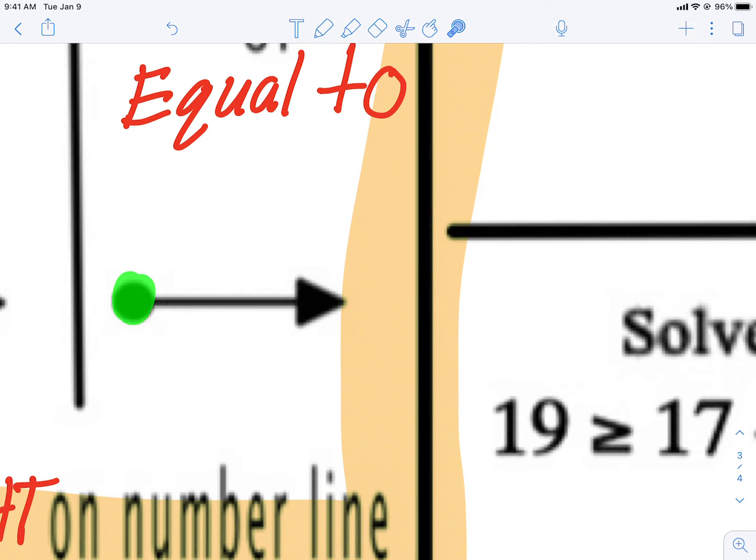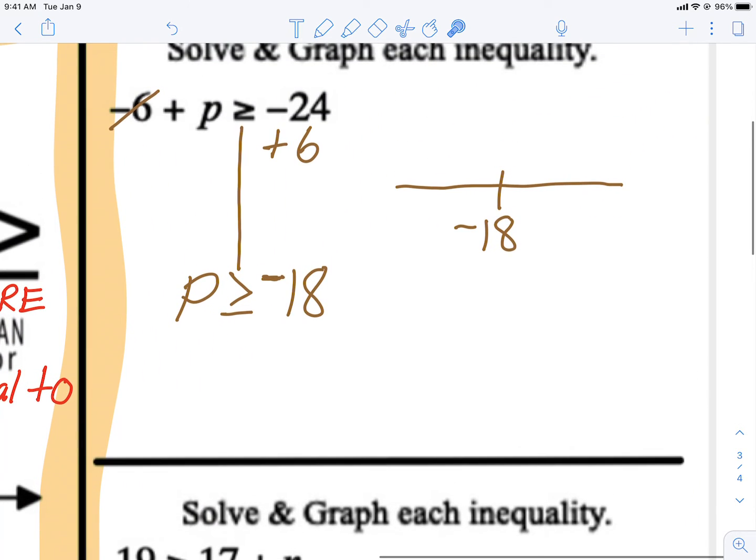We draw a dot and we graph to the right. So let's do that here. Let's draw our dot. I'm going to pick a different color. Let's draw our closed dot, and we're going to graph to the right. There you go.